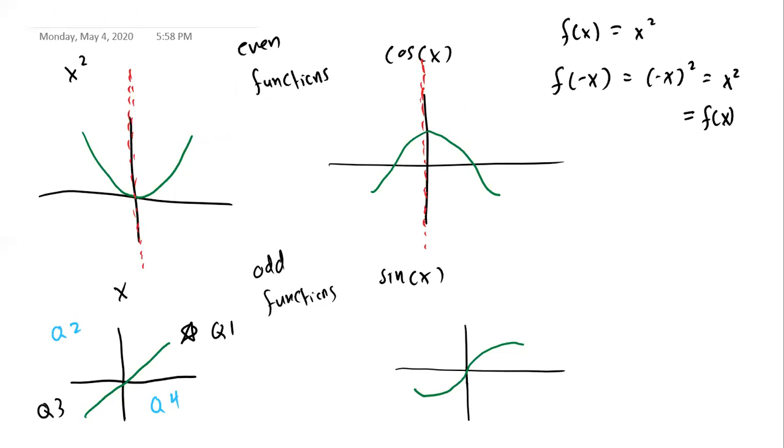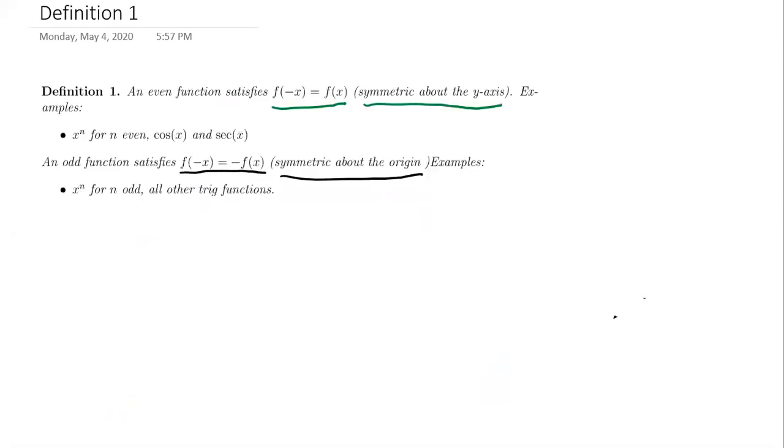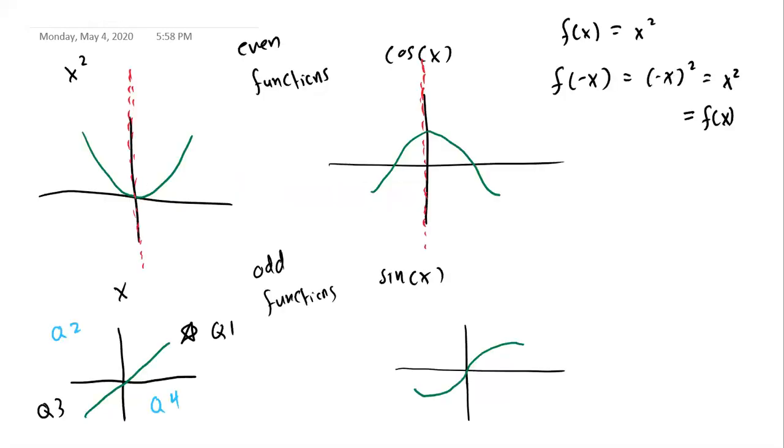So how can you identify graphically a symmetry about the origin? That was the condition for odd functions. It was symmetric about the origin. So basically what you want to check is you have these quadrants. Remember from algebra, this quadrant here is quadrant 1. We have quadrant 2, quadrant 3, and quadrant 4. So what do you want to look for?